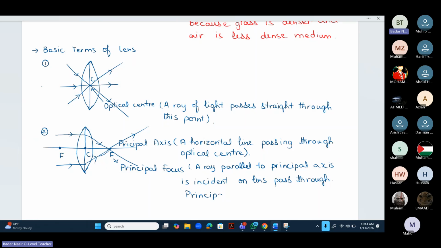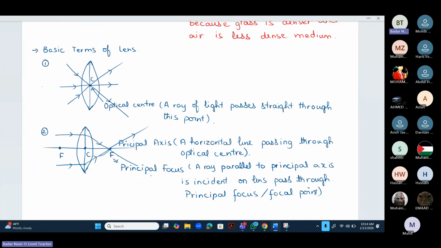We call it the principal focus or focal point, and it's denoted with capital F.